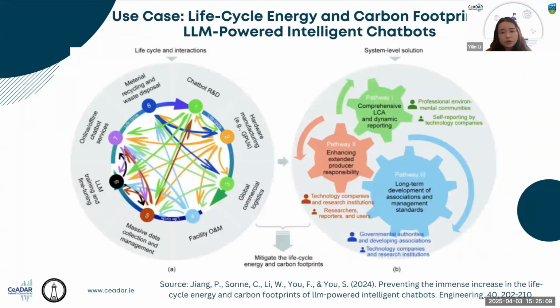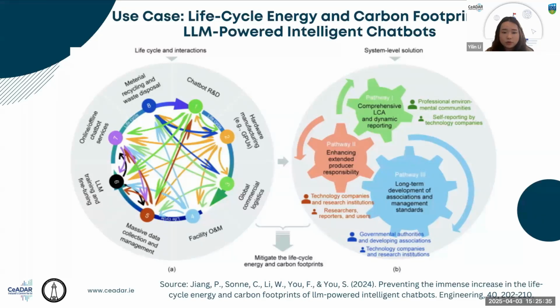So this use case helps us understand that the 8 phases of the chatbot's life cycle are not just isolated. They are actually connected. Each arrow in the first chart shows they are connected and influence each other.